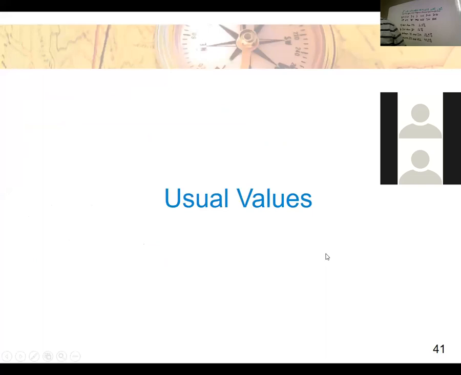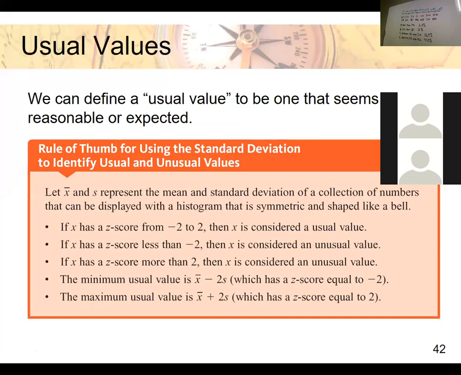All right, next we'll talk about usual values here. Usual values, of course, are defined as the ones that seem reasonable or expected. And this is the rule of thumb for using the standard deviation to identify usual and unusual values.